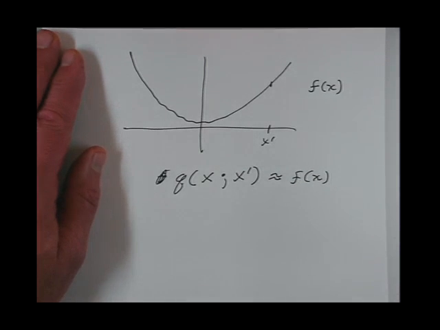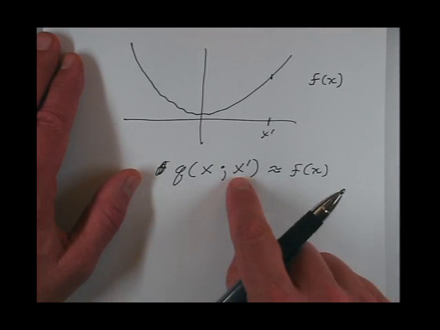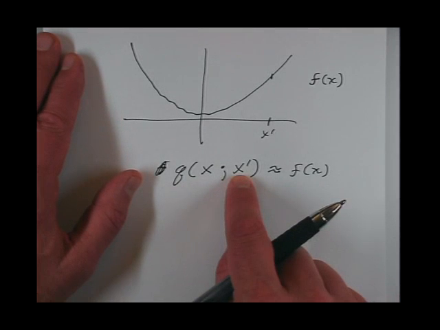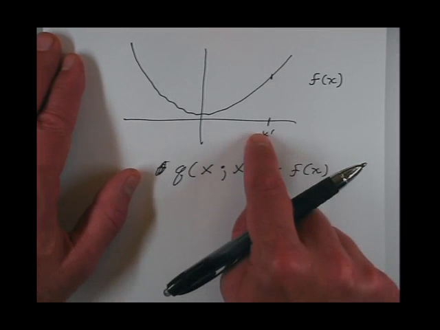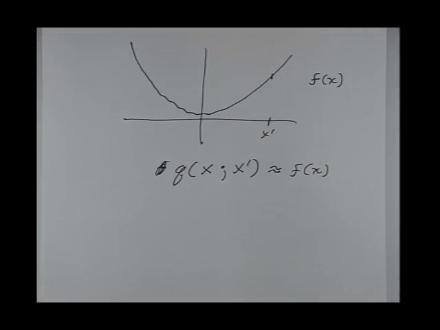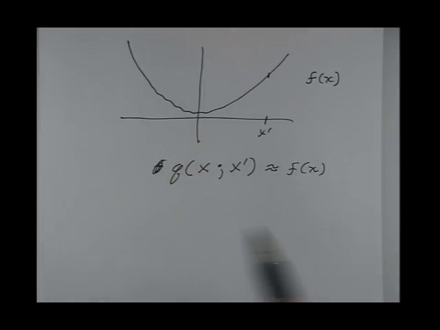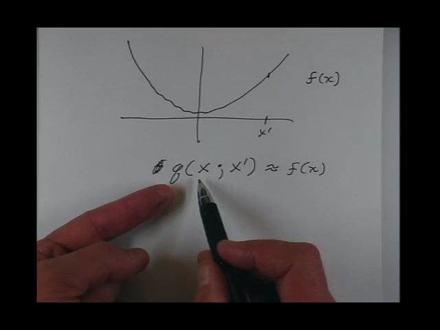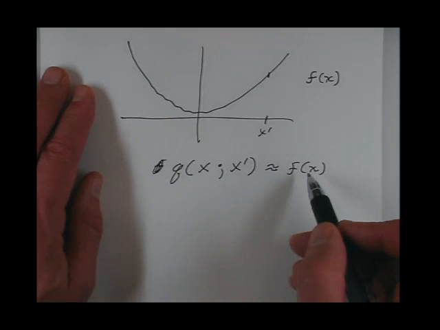Now notice that Q is a function of x prime, so it's a function of where I start. In other words, I'm not going to use the same approximation everywhere. It's like a local approximation about the current point, and the current point is x prime. So now I'm going to minimize with respect to Q, and then hopefully that's going to work well with respect to f.